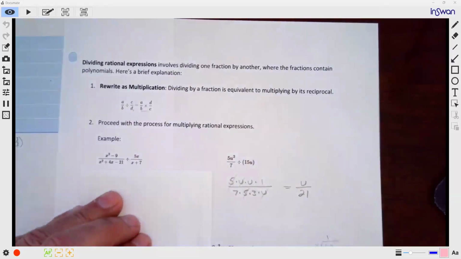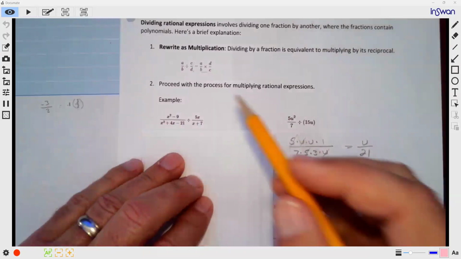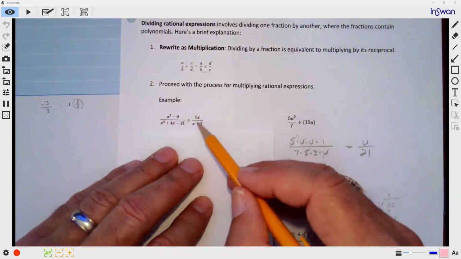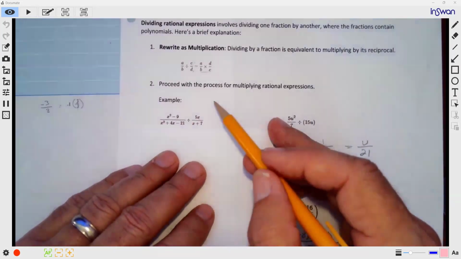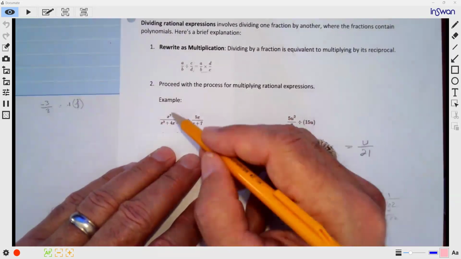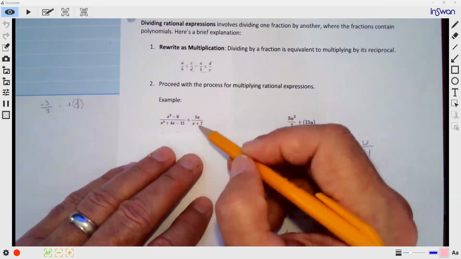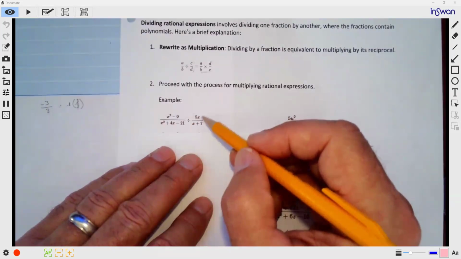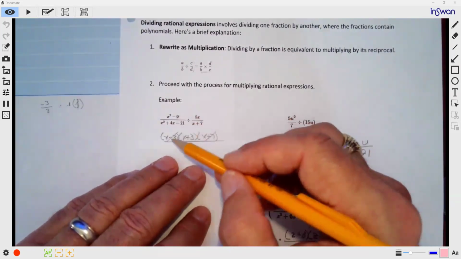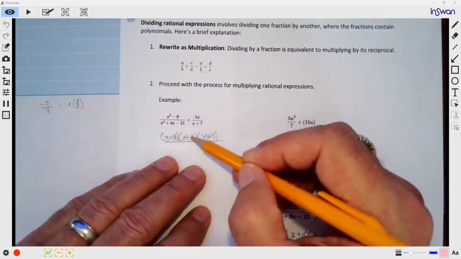So your eyes initially have to focus in on the fact that this is a division problem involving fractions. Okay, so probably the best thing to do is to go ahead and rewrite the problem with the second fraction flipped and then factor everything. So x squared minus 9 factors to x minus 3 times x plus 3.